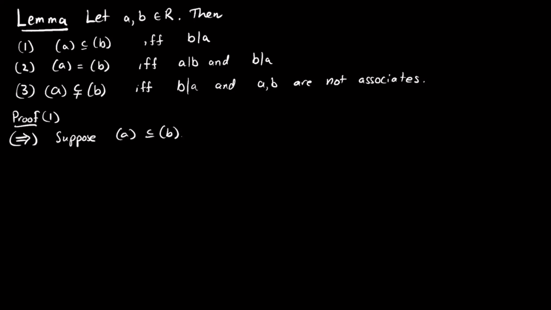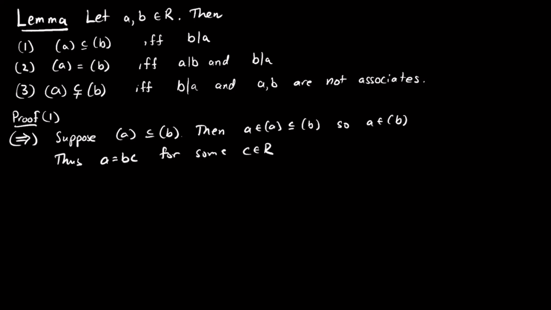So let's prove this. I'll start with 1, and I'll start with the forward direction. Suppose that the ideal generated by A is a subset of the ideal generated by B. Well, what do I know? I know that A is in the ideal generated by A, which is a subset of the ideal generated by B. So A is an element of the ideal generated by B. Thus, A is equal to B times C for some C in R, because the ideal generated by B consists of all the R multiples of B. So A is an R multiple of B. But what does this tell me?